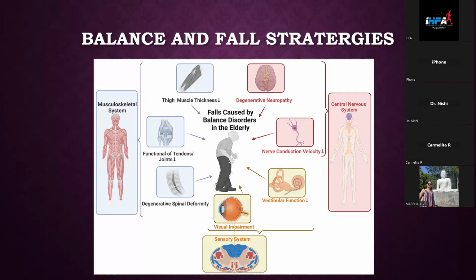Balance problems and falls are the most common symptoms we see in a geriatric population. Again, there are multiple factors. It could be because of a musculoskeletal problem like osteoarthritis or pain, or low back pain, or any joint or tendon problems.